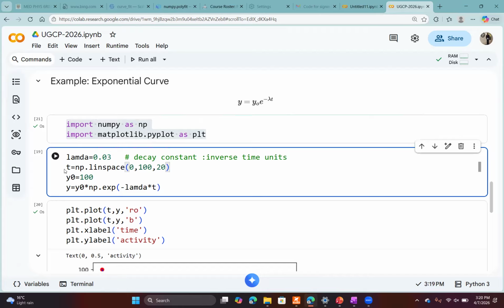Okay, this is the time vector. So for example, it starts from 0 to 100. These are the endpoints. And how many points are to be taken in this vector? They are 20.